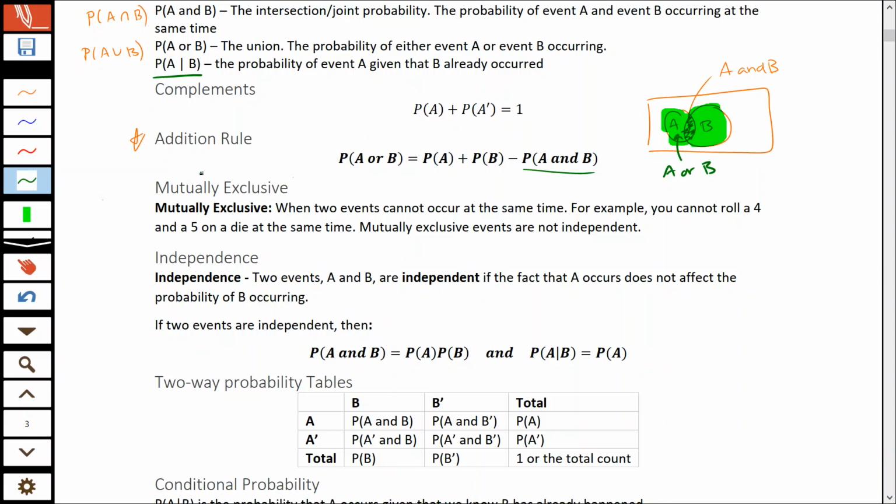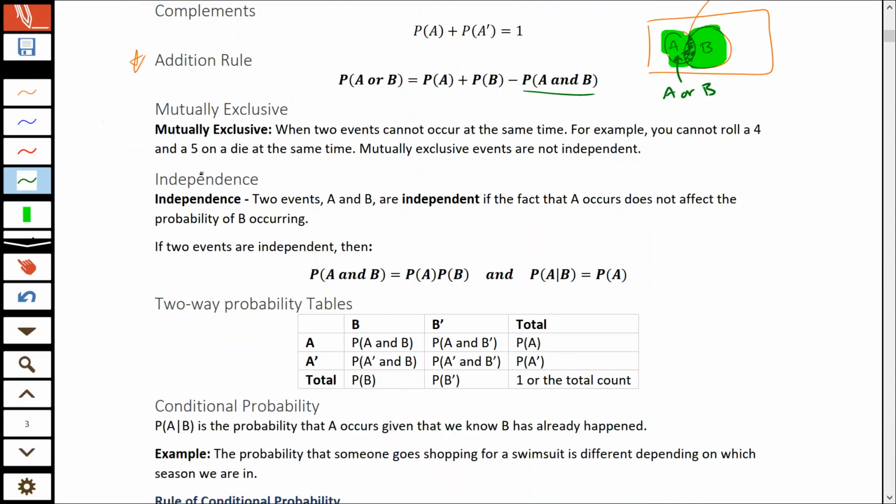So independence is the fact that if A occurs, it does not affect the probability of B occurring. So there are two sides to independence in terms of the rules. We have this probability of A and B just being equal to A times B. And we actually use this calculation a lot when we're calculating things that we know to be independent.